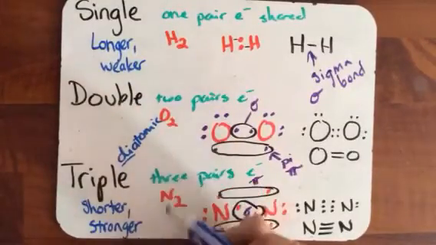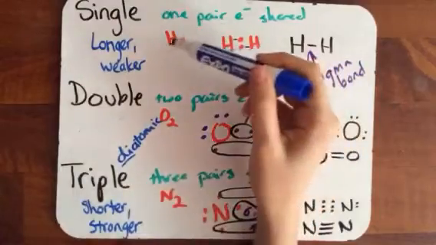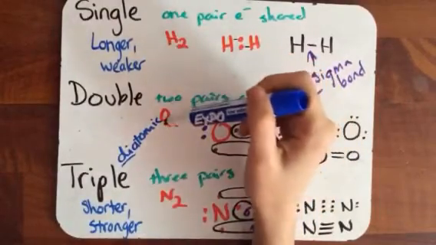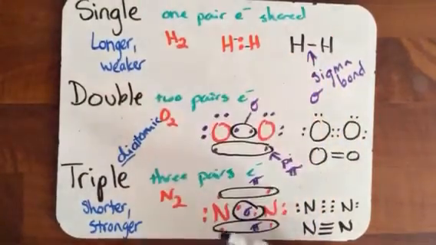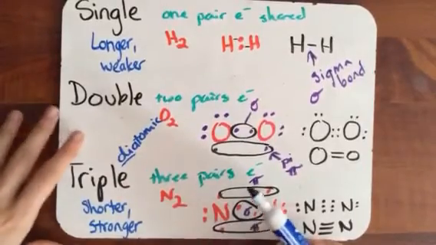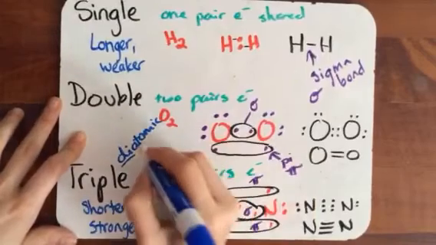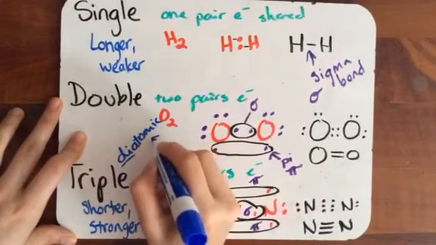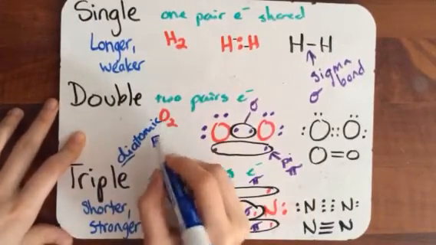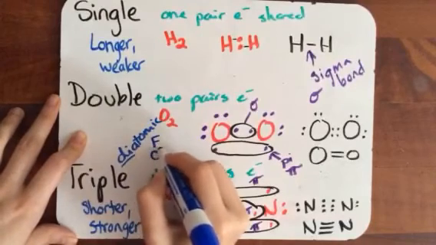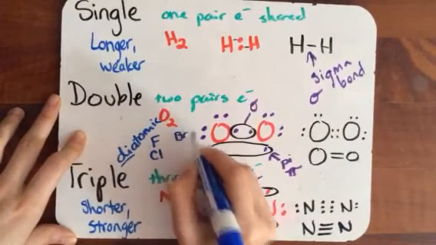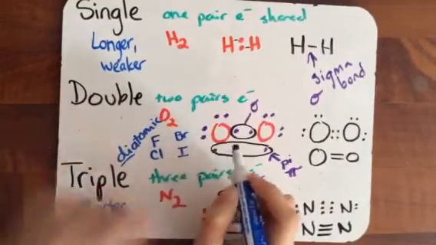So there are 7 elements that are diatomic. Hydrogen being one of them, oxygen being one of them, nitrogen being one of them. But you also need to know that there are 4 more, and those 4 are some halogens that we've talked about: fluorine, chlorine, bromine, and iodine.